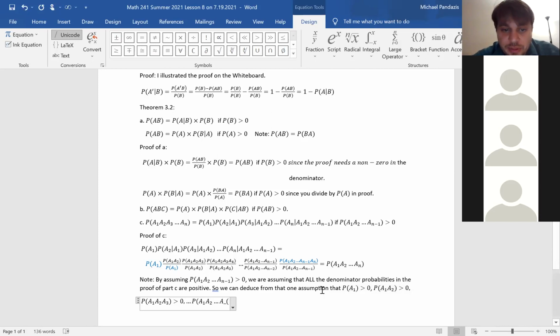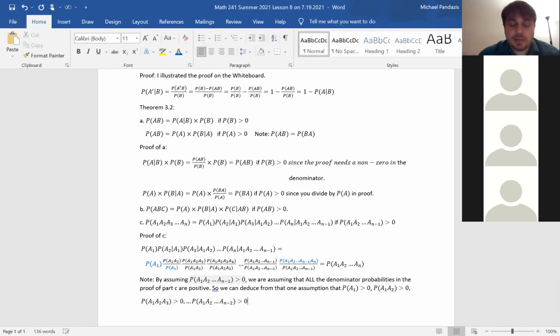And we already have up to n minus 1. So I'm just going to continue this to n minus 2 is positive. And so we also know that up to n minus 1 is positive.